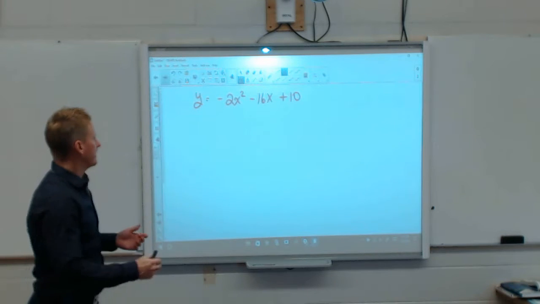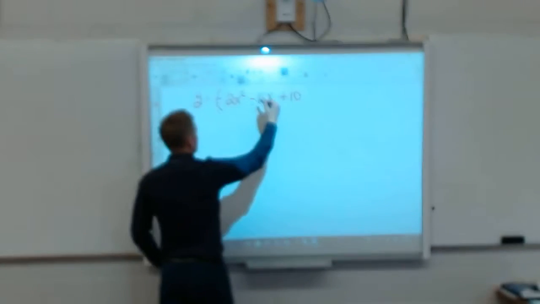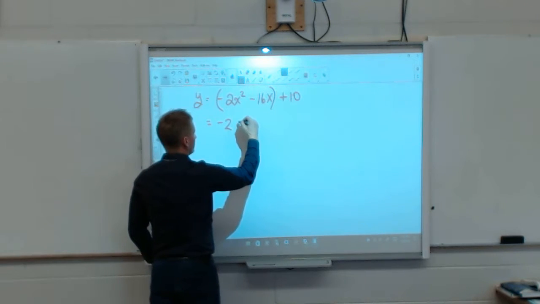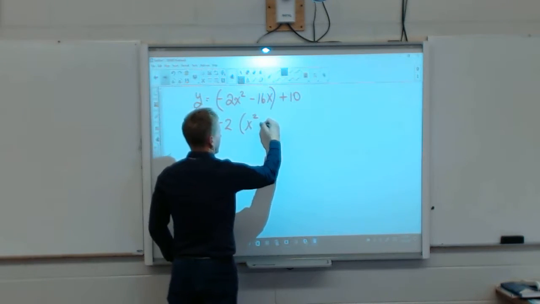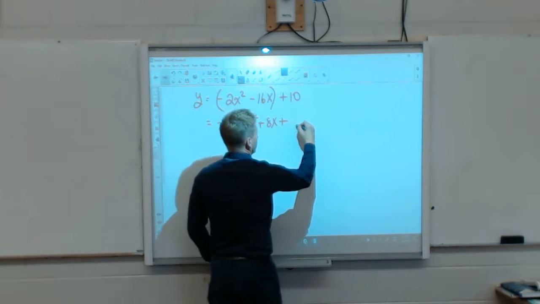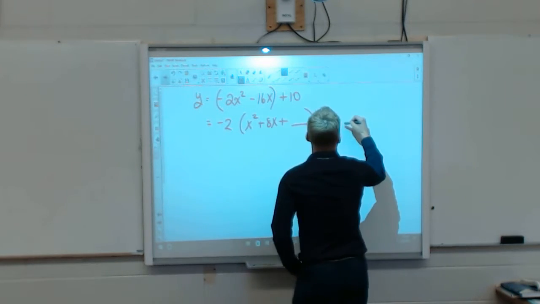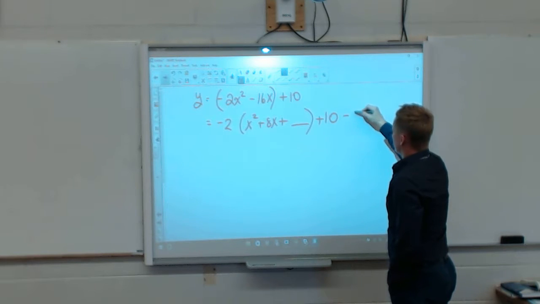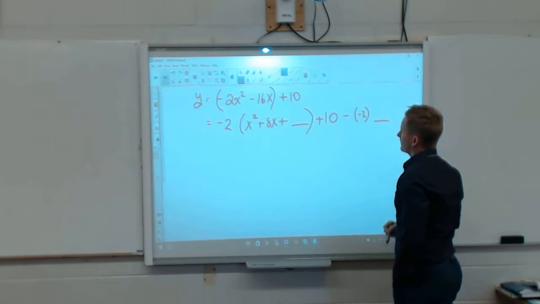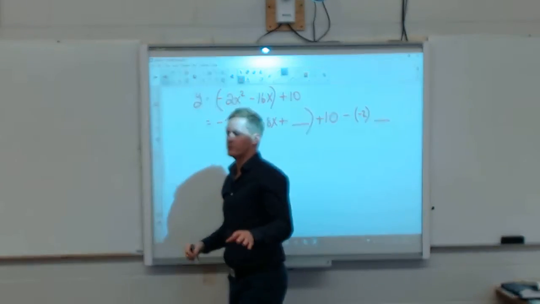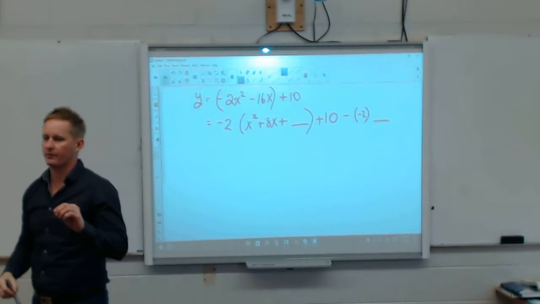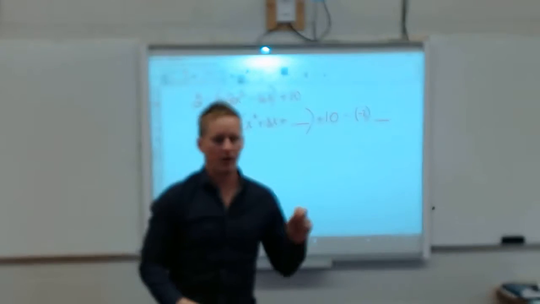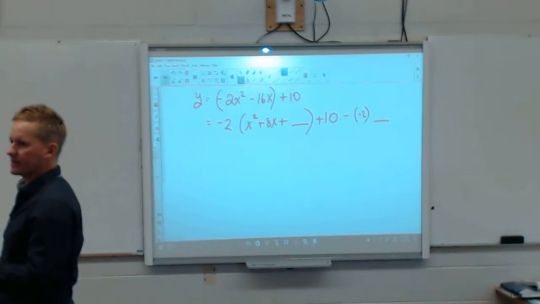Okay, so to do that, I do a process here. I put brackets there. I factor this out. And again, this is not going to make any sense to you yet. Okay, so it's a whole long process, but what I'm gonna do is I'm gonna convert it from that ax squared plus bx plus c into a(x minus h) squared plus k.